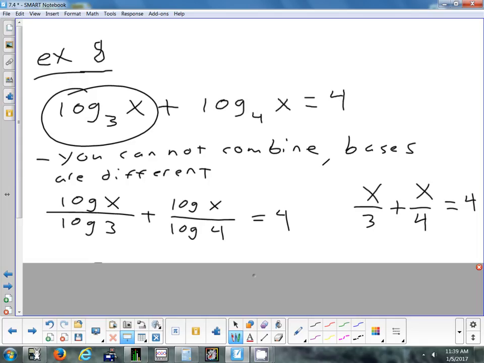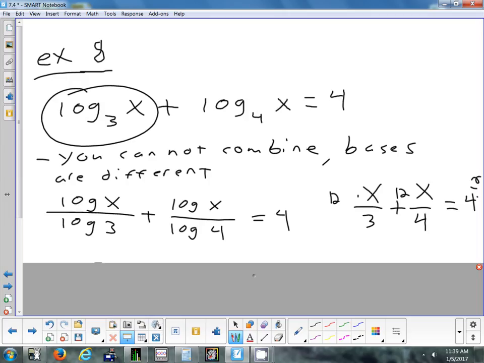Okay, we've got fractions here. Well, we could get rid of those fractions if you multiplied everything by a certain number. So in this case, anybody see a number that 3 and 4 go into evenly? 12. Watch what happens if you multiply everything by 12.